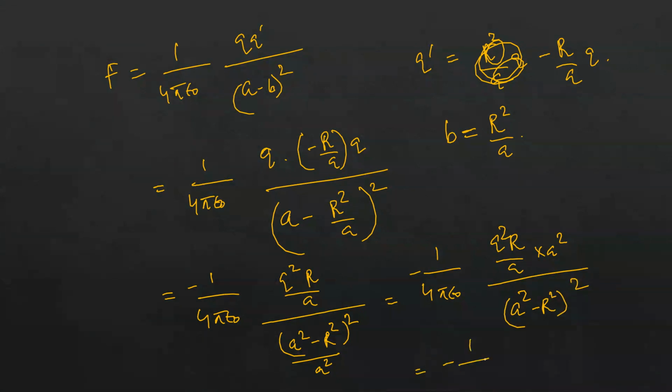The a cancels: minus 1 by 4 pi epsilon naught, q square r a divided by (a square minus r square) whole square. Is that correct? Yeah. So this is the force.